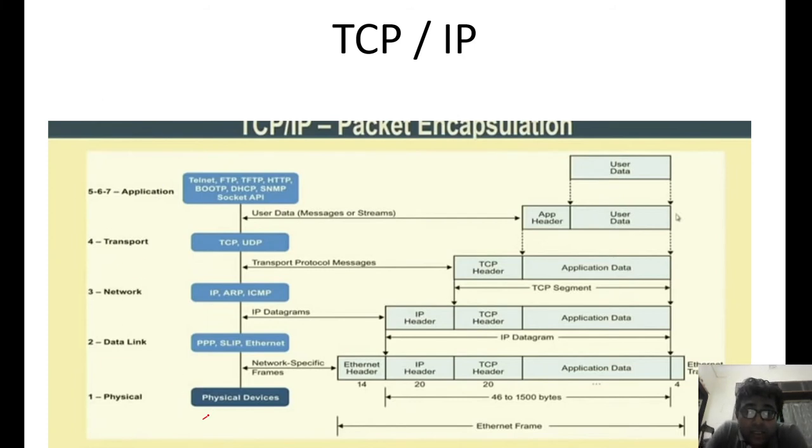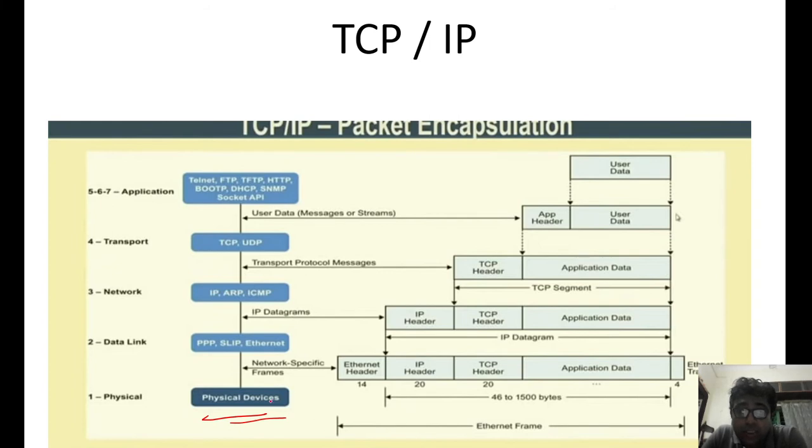Here in the physical layer, we know it is basically used to have a dedicated communication line between two dedicated devices. So optical fiber, Ethernet, and Wi-Fi are used to do such things. These are the payloads that are being used.